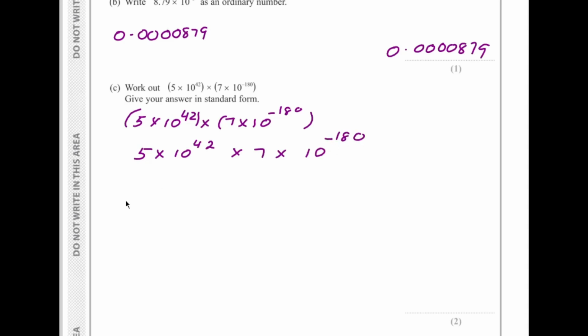Now write the numbers other than the 10 to the powers close together. So I'm writing 5 into 7 close together into 10 to the power 42 into 10 to the power of minus 180. So 5 into 7, it is 35.